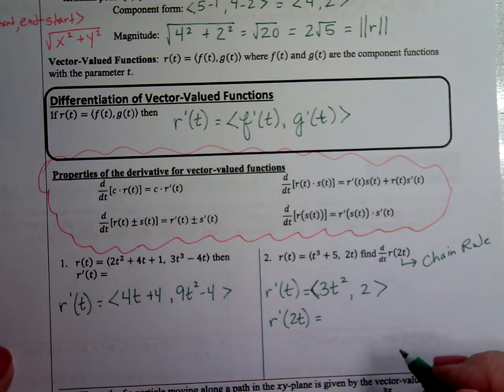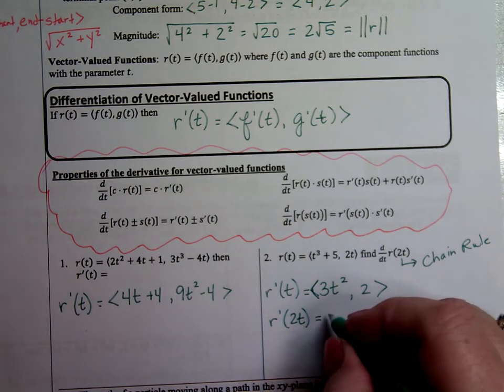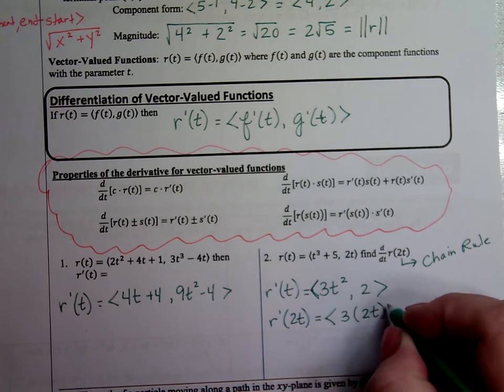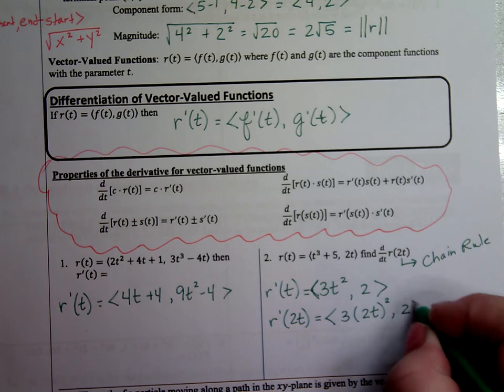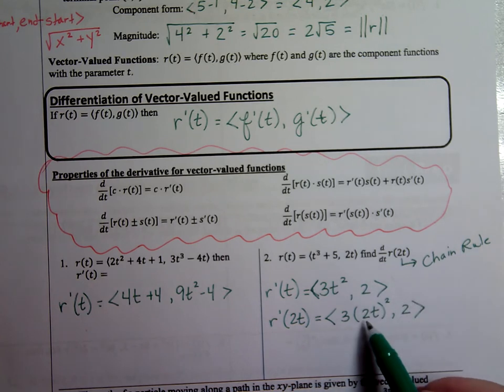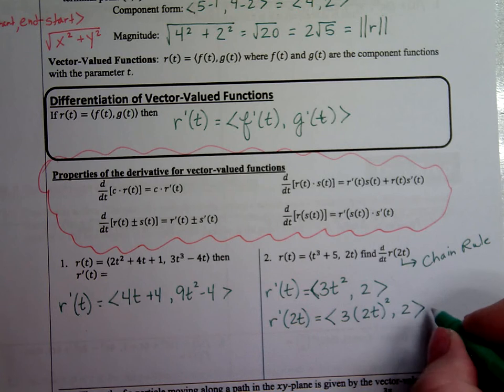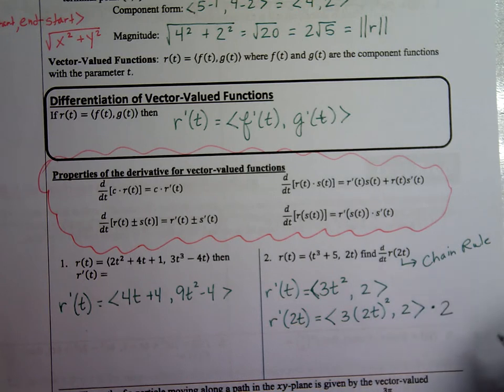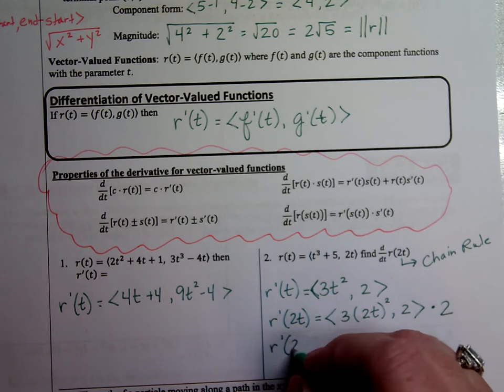All right, so watch and see how this works. Take the derivative you just took, put in a 2t instead of a t. However, then I need to chain rule and take the derivative, times it by the derivative of 2t, which is 2.